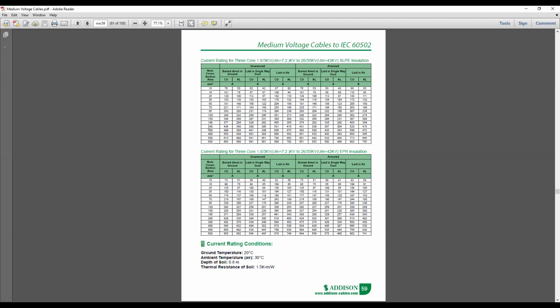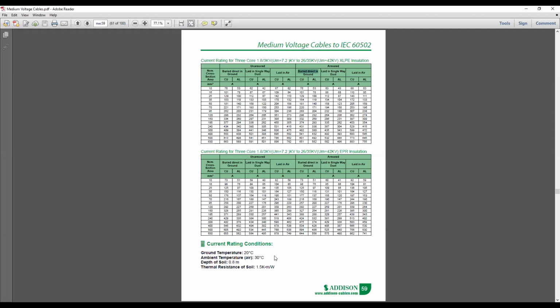And you see earlier we used a 240 millimeter square cable, and the current carrying capacity we had laid in air is 529 for armored. So the table is similar, so you can easily use this table for calculations without worrying about changes between IEC 60502 and the table included here, because both are the same. And all the details are given for laid in air and direct in ground.